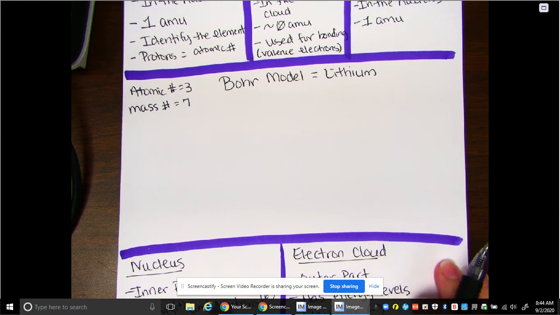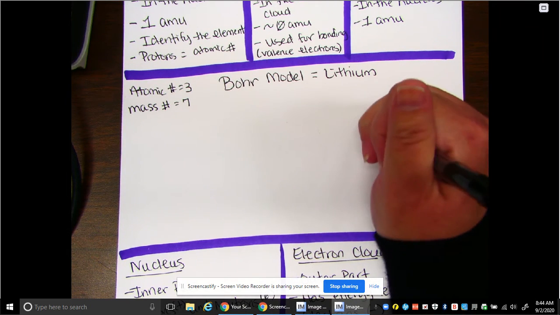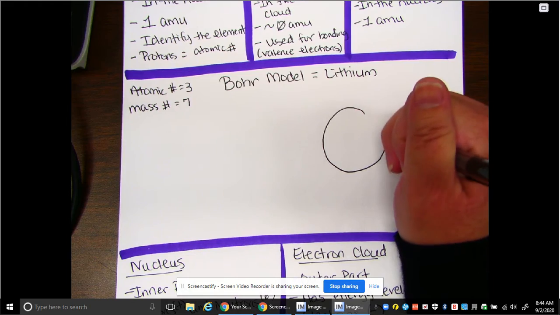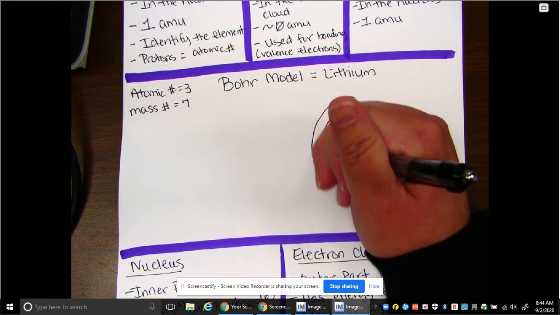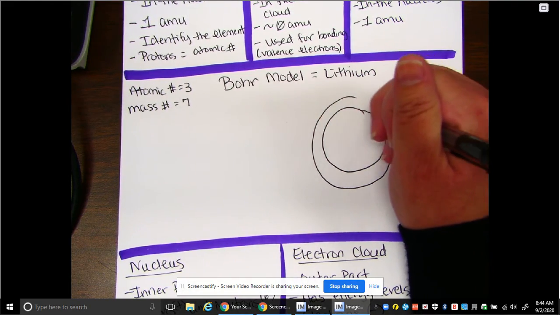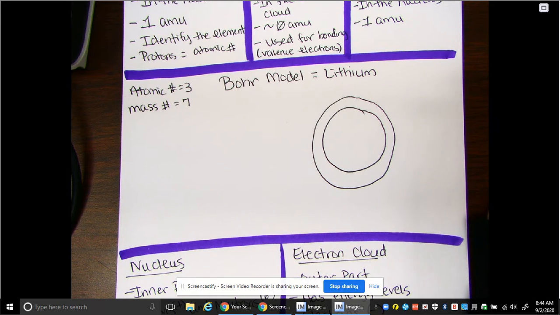And my model has to represent the parts of the atom. It must include a nucleus and it must include an electron cloud. I'm going to draw my electron cloud. Now, lithium has 2 energy levels. And we're going to get into how you find that information soon enough.